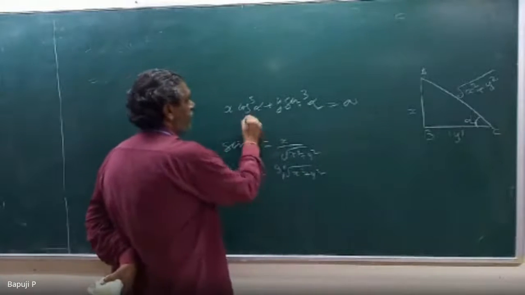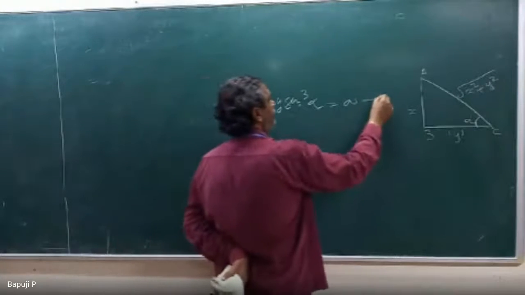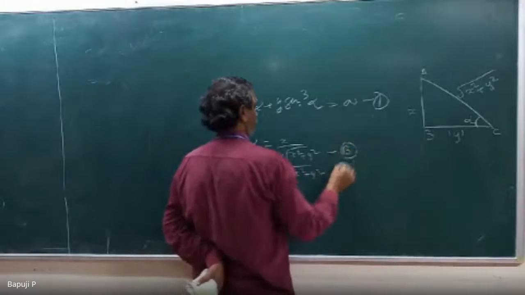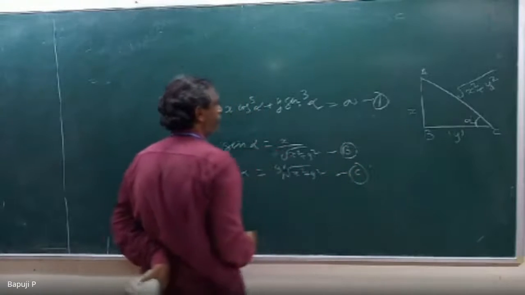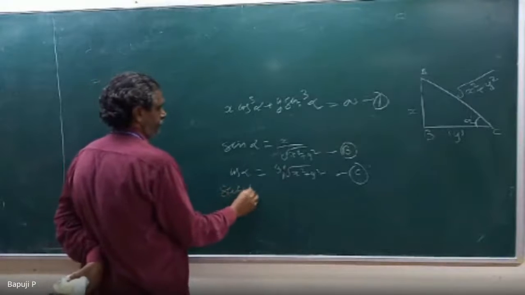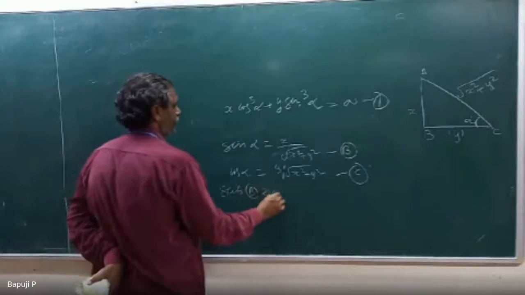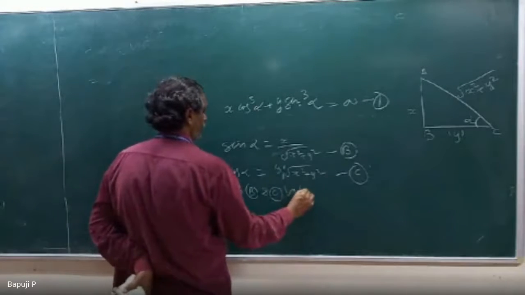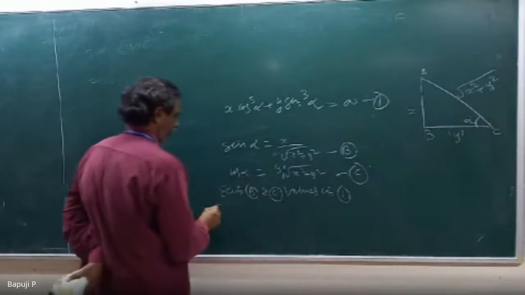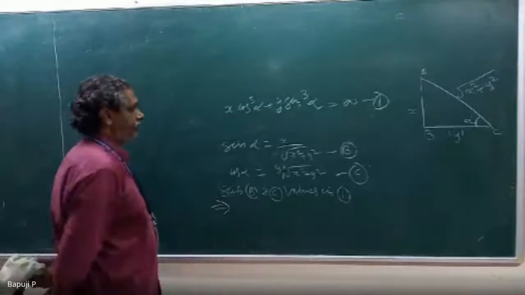So everything is in my hand. In this equation 1 you can do substituting the b and c values in 1. What are they? Then what will you tell me?